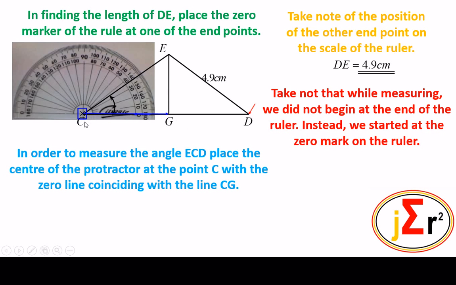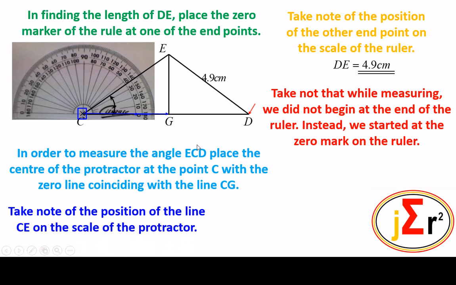Of course, we could really measure this angle with the zero line of the protractor coinciding with the line CE. However, the angle would have to be measured in the opposite direction. Take note of the position of the line CE on the scale of the protractor.